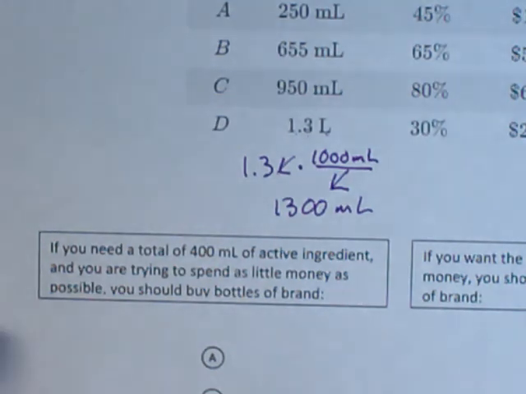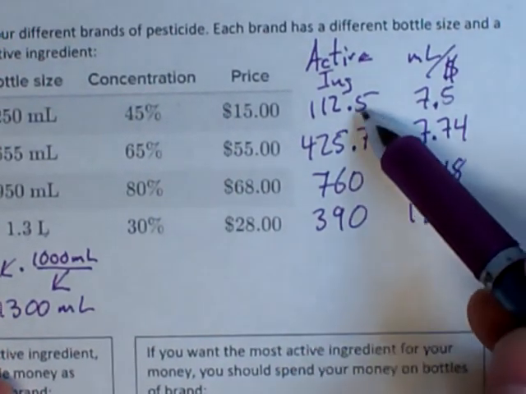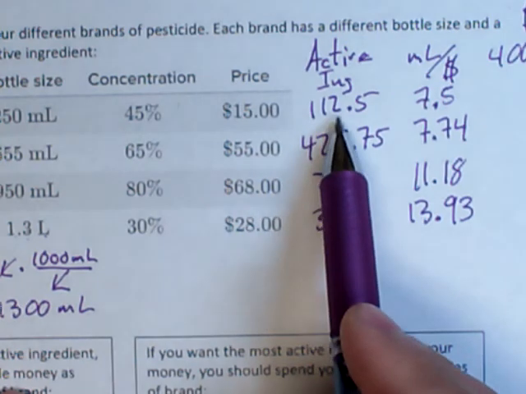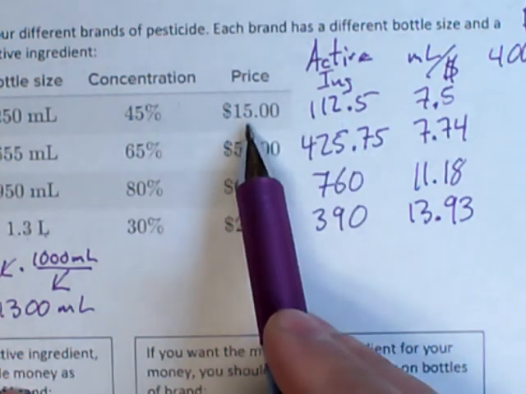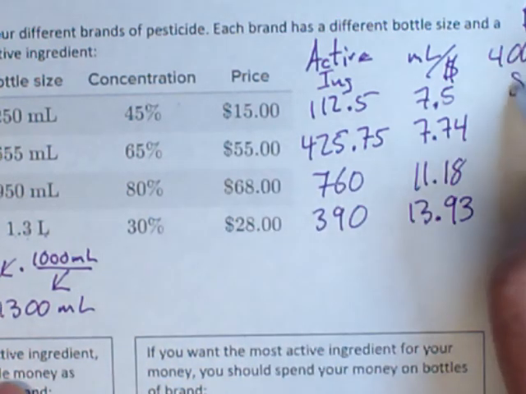To get 400 milliliters out of this bottle, we would have to buy 4 of these. So 4 bottles at $15 apiece would be $60.